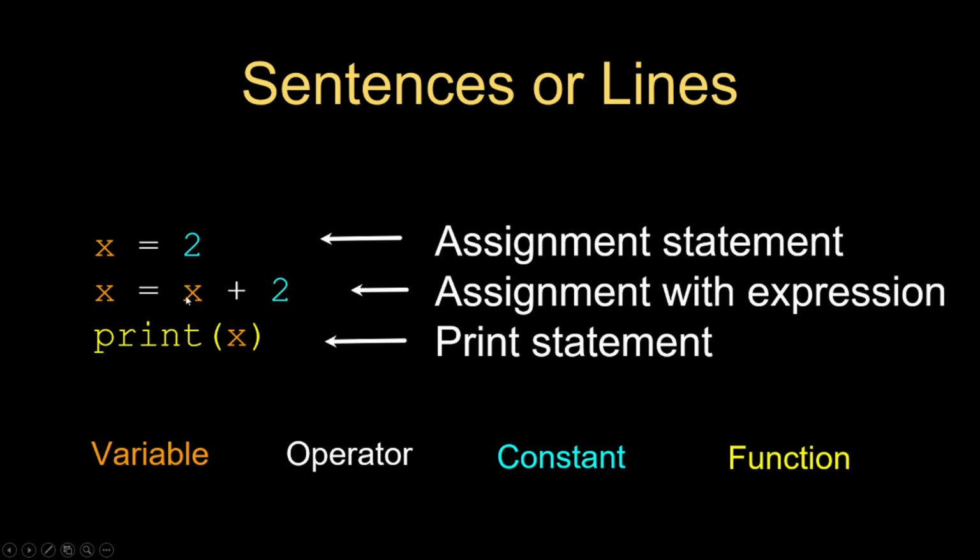There we see the expression x plus 2. What is the current value of x? The current value of x is 2. So this is actually 2 plus 2. Whatever the result is, that gets assigned to x.